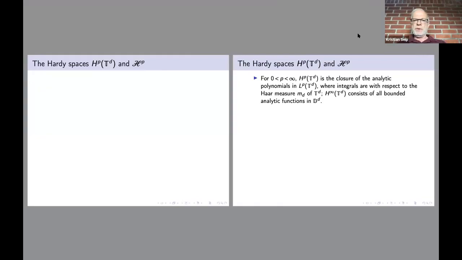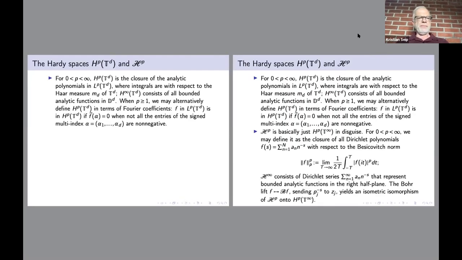Well, I want to include d equals infinity, so I am lying a little bit to you when I say that these are just bounded analytic functions in d infinity, because there are some technical challenges there. But for that, you should probably read the left of these when you read the slides.